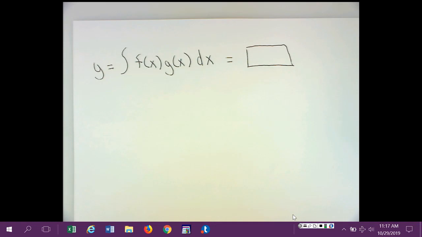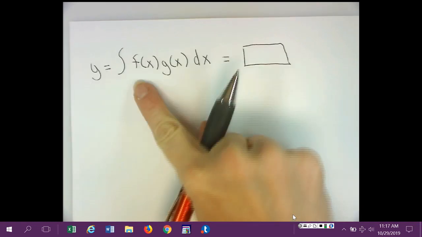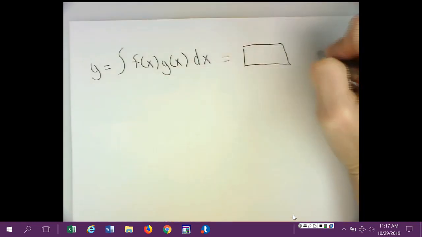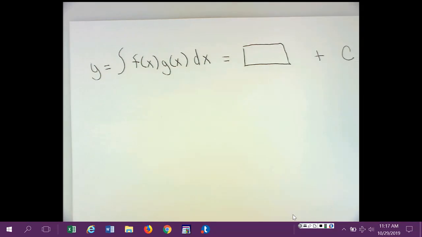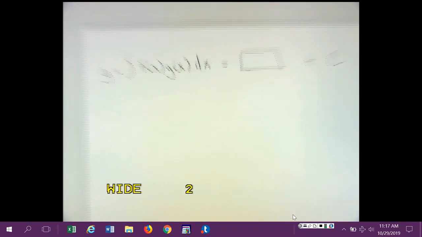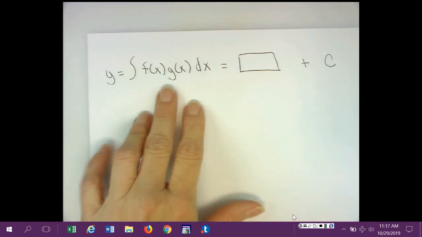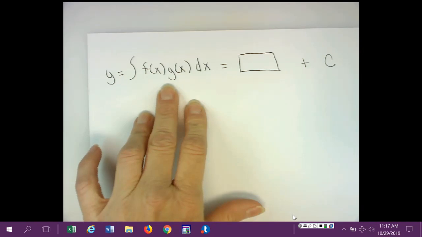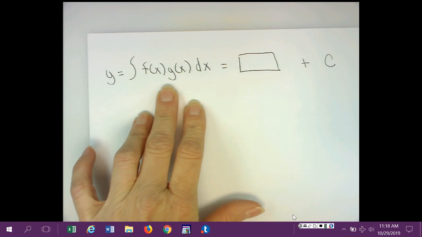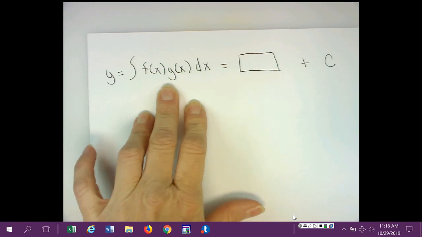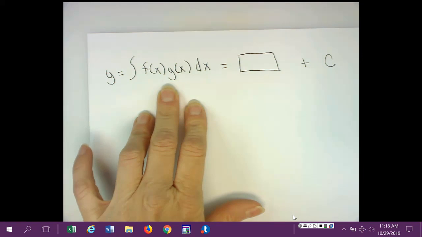So whatever it would be, since this is an indefinite integral, you would remember to add a plus c. Methods from our past may not be able to be used to find the antiderivative for a product of f times g. With the new method of integration by parts, it may be possible.